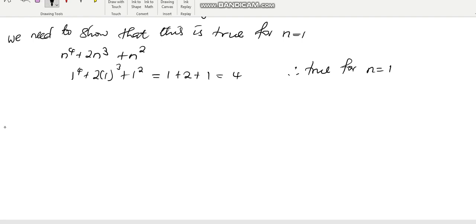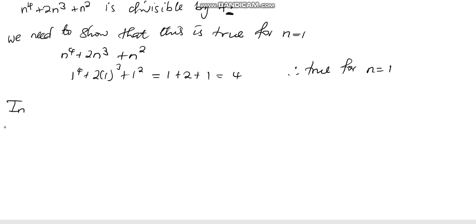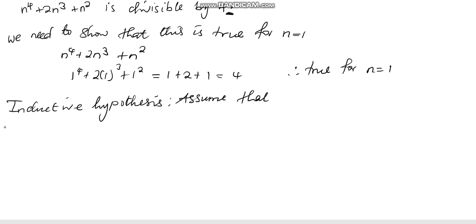Here we make an assumption, or rather we assume, that this is true for n equal to k.